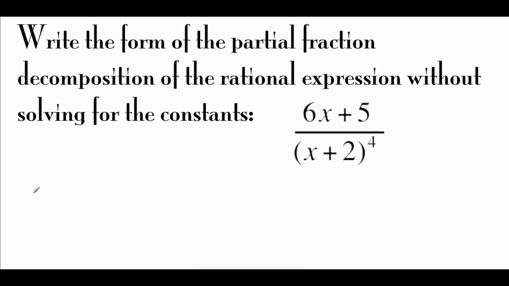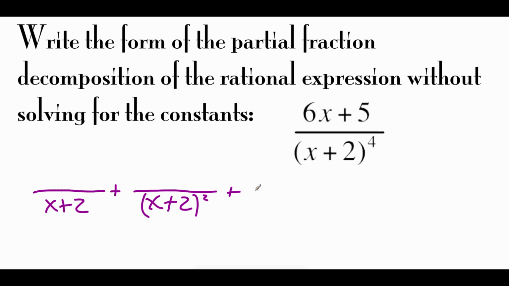And what we're going to do when we set up our fractions is we need to build up to this 4th power. So our first fraction is going to have just a plain x plus 2 on it. When we set up that second fraction, we're going to go x plus 2 squared. So we've gone from a first powered factor to a second power factor, and we're just going to keep building our way up to this 4th power.